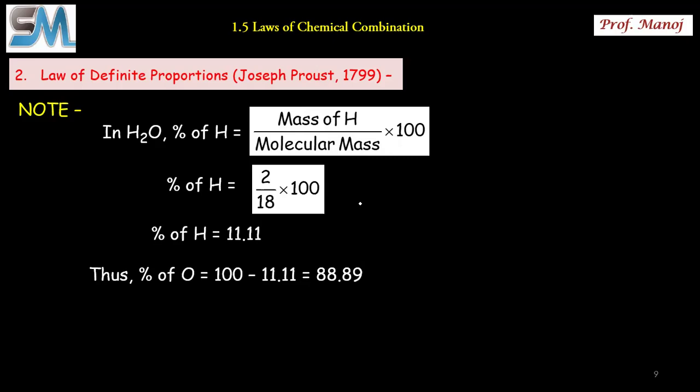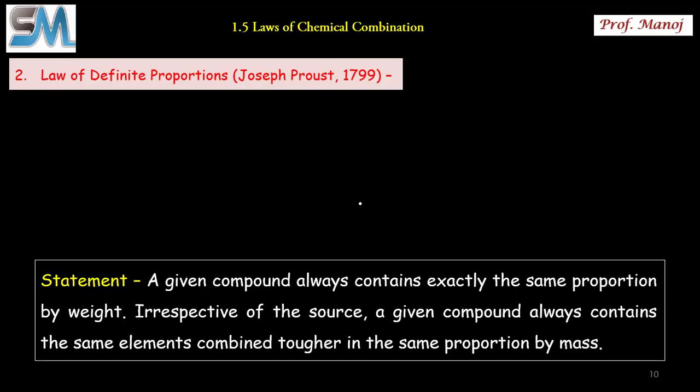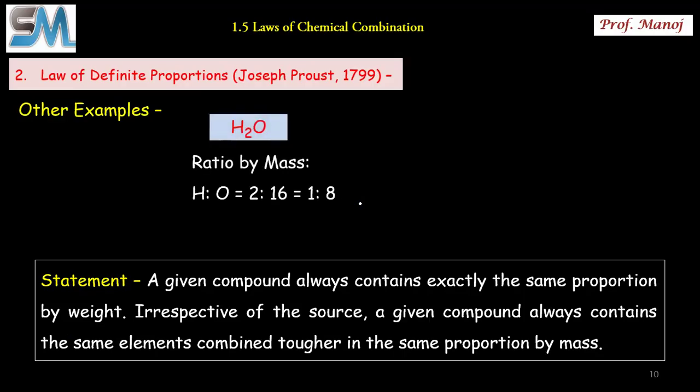So in case in any numerical problem you are asked to find some percentages, this is the method we are going to follow. Let us come back to the law once again. If you take a different example, let us say water, water will always contain the same percent as 2:16 or 1:8.